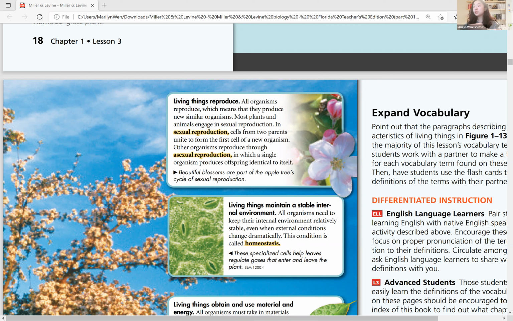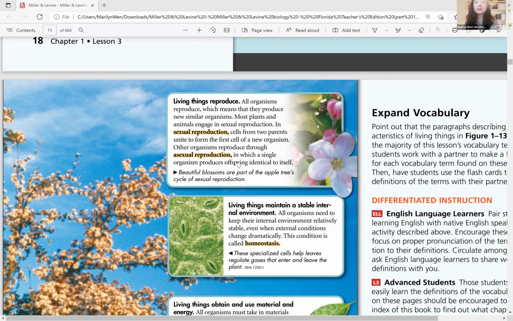I think there's another word that is not highlighted, but you should probably know. It's called offspring. Do you know what offspring is? It's right here.